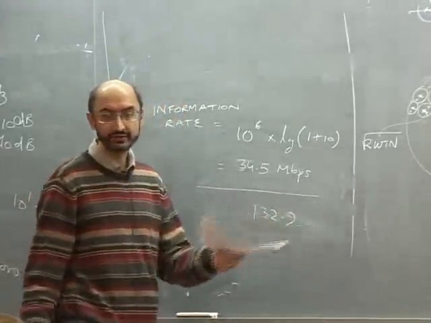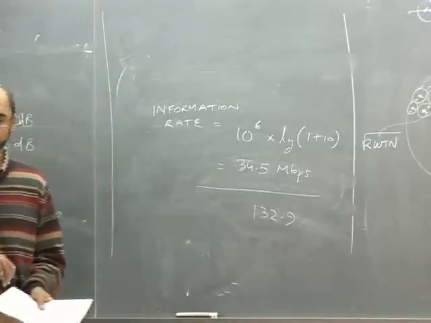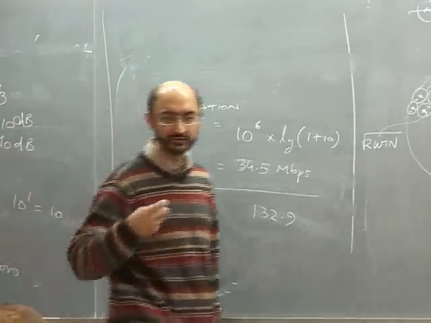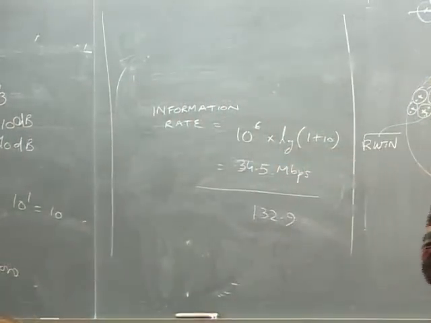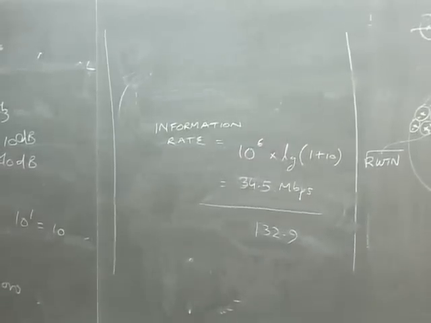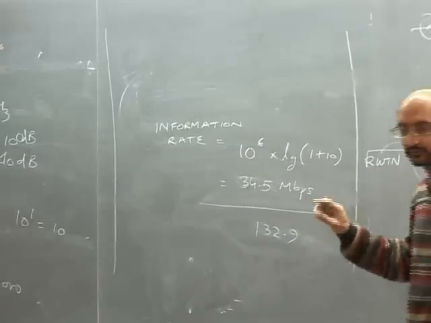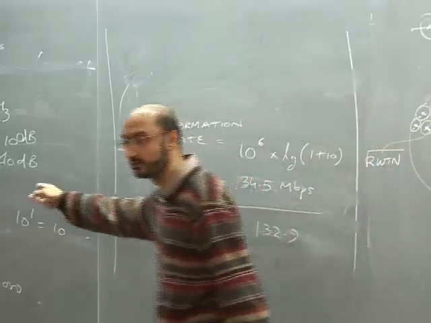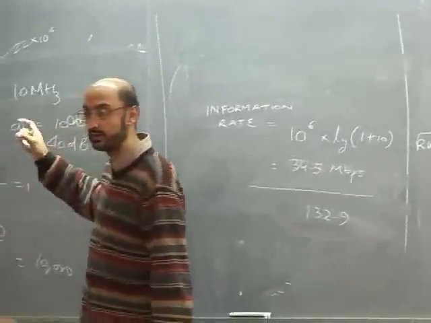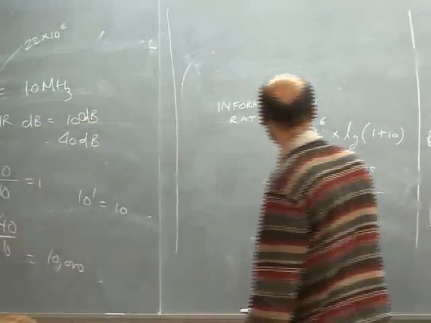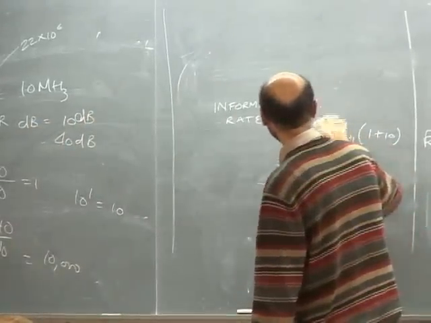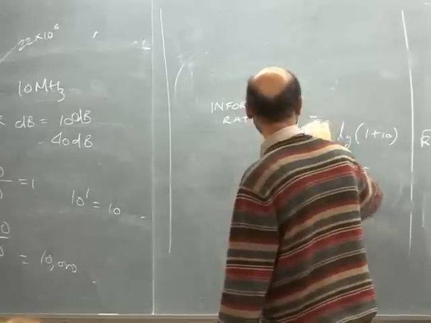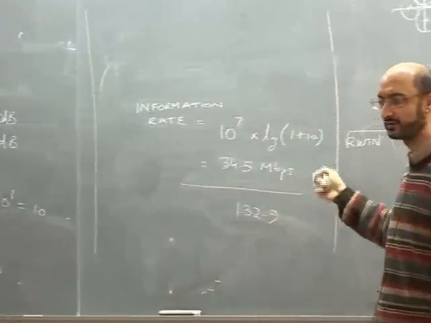You just divide by log base 2. W is 10 megahertz, so you should write 10 to 7. Oh, I'm sorry, 10 into 10 to 7, yeah. But this answer is correct.